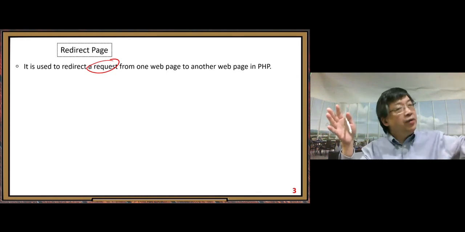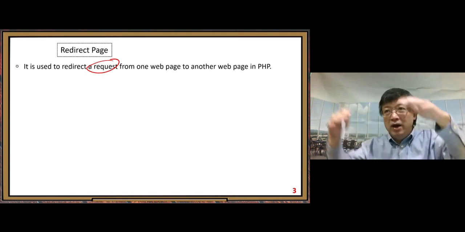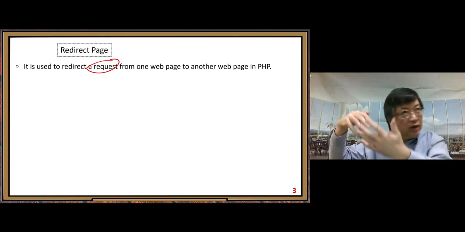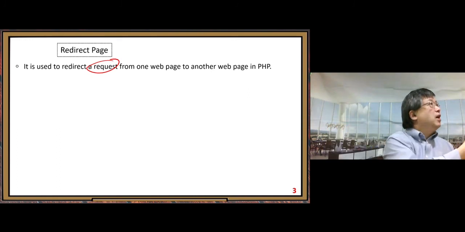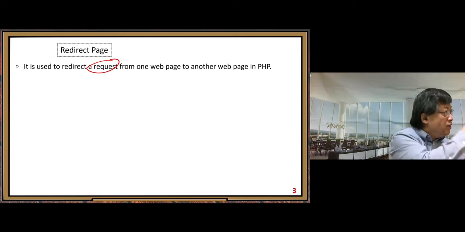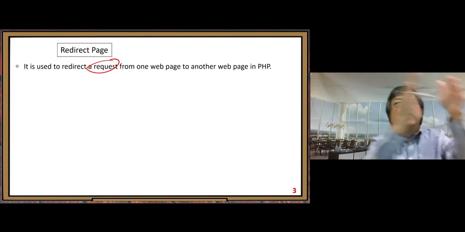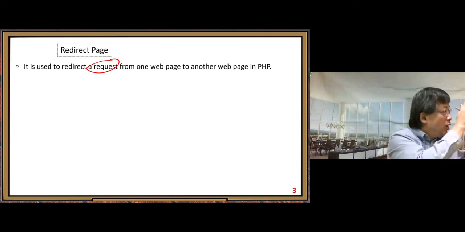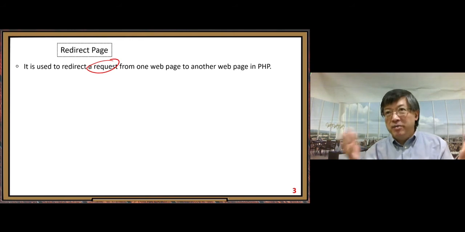Now at the server side, we finish processing and return a response. After we return the response, we want to tell the user, you need to start another request, and we tell you which request to start. So that's the background situation.